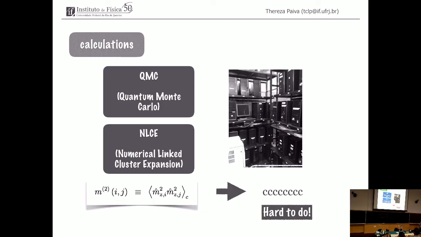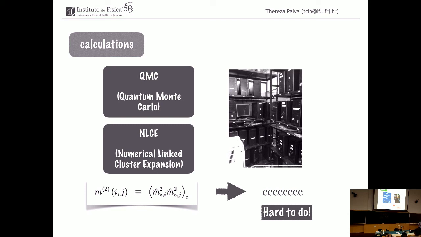So the experiments were done at Harvard, but here the calculations to go along and provide information on the systems were done either by quantum Monte Carlo, and here is a picture of the cluster we have at UFRJ, and also by numerical linked cluster expansions, and these were done by Ehsan and Marcos Rigol.